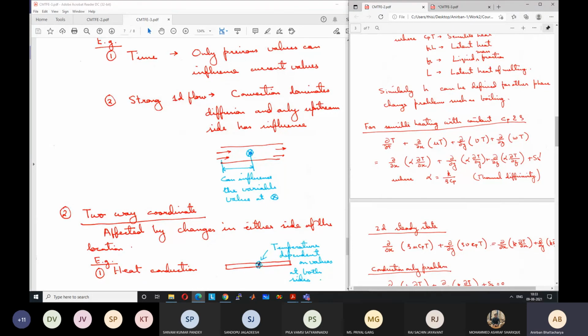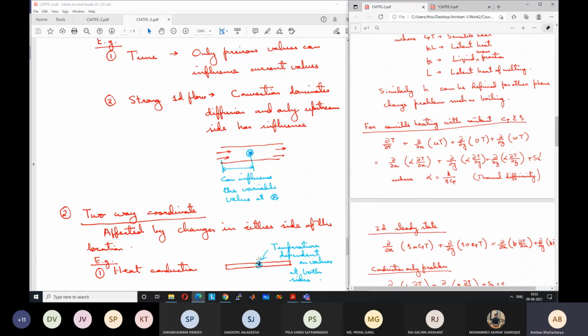If I put a heater in a plate at this point, it will change the temperature in both directions, in the negative x direction as well as the positive x direction. The value here will also get influenced by what is happening on the left or right side. If another heater is put here, or if I put an ice cube here, then this point's temperature will get influenced.